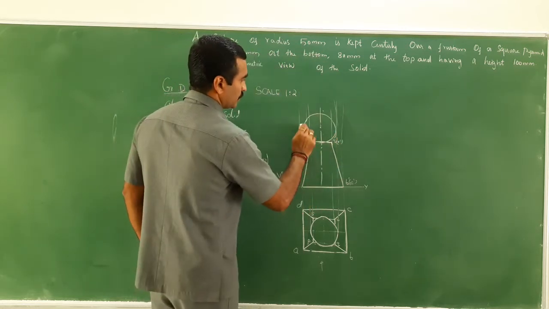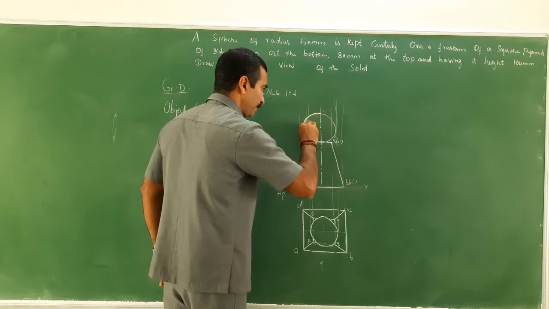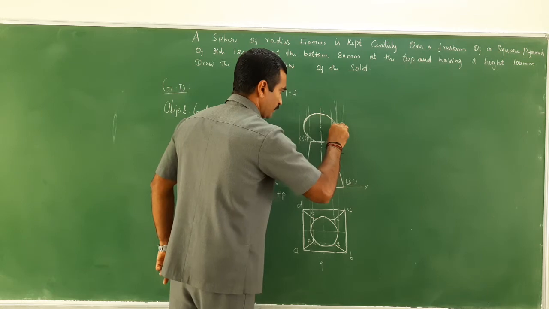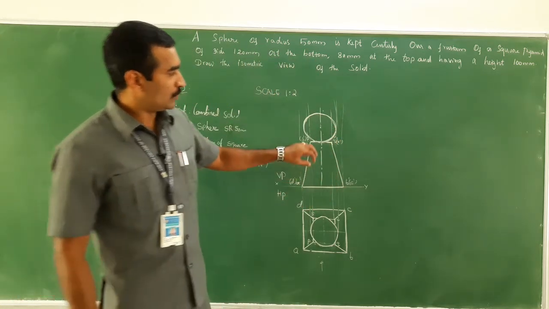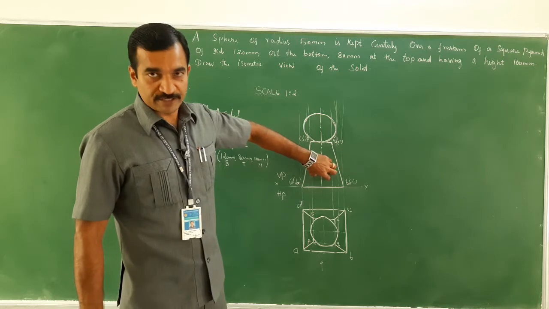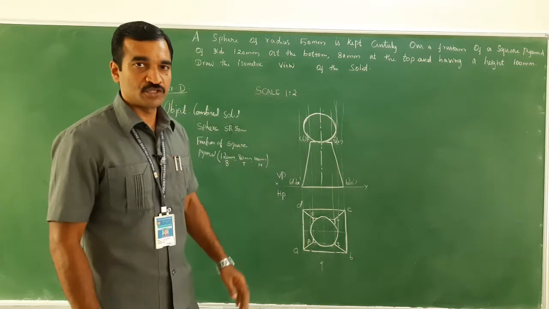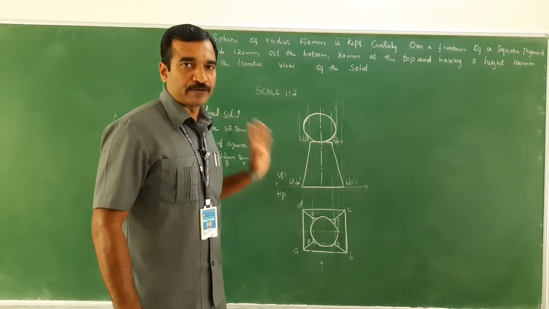Right. So, now just darken it. So, over the frustum of a square pyramid, a sphere has been placed. Clear? So, now the top view and the front view are over.